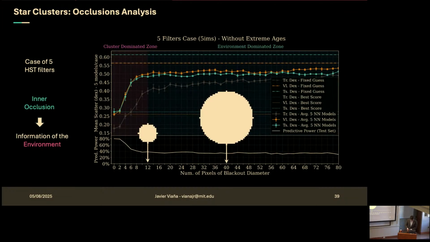Okay. Now, you could run this analysis a little farther and start increasing the diameter of this masking, and so forth. On the horizontal axis, you have the number of pixels of the blackout diameter, and there are 2 plots here. The vertical axis of the top is the mean scatter, so the DEX.